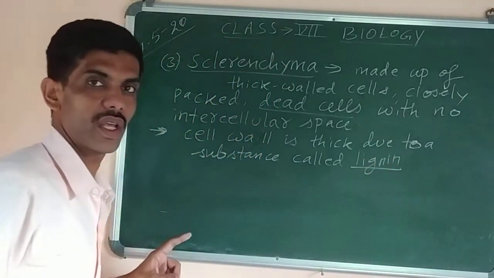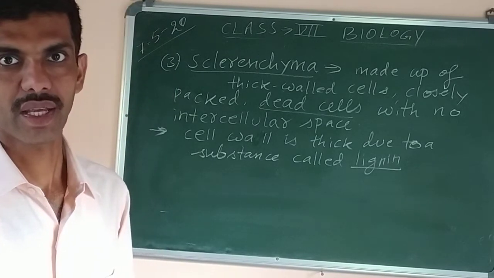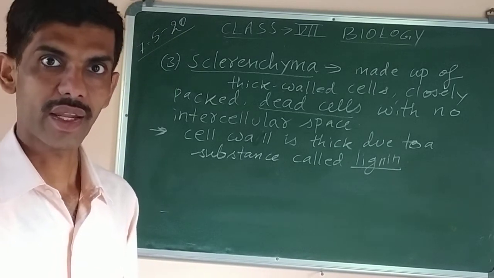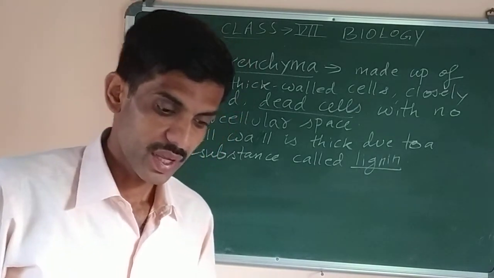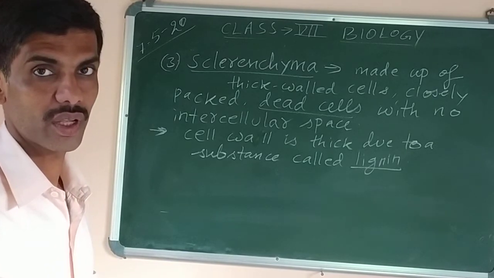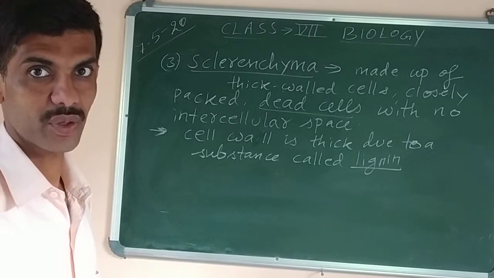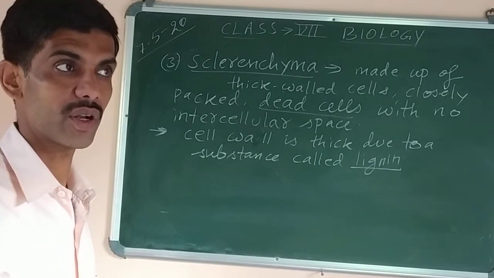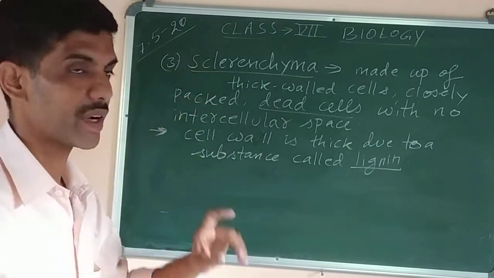Lignin deposition is the one which makes the cell wall of sclerenchyma cells thick. And the next point, where it is found and what is the function. It is present in the hard parts of the plant, like in the seed coat. It is also present in the pulp of fruits, which provides grittiness to it. It is found in the fibers like cotton fiber, jute fiber. These are the places where sclerenchyma tissue is found.